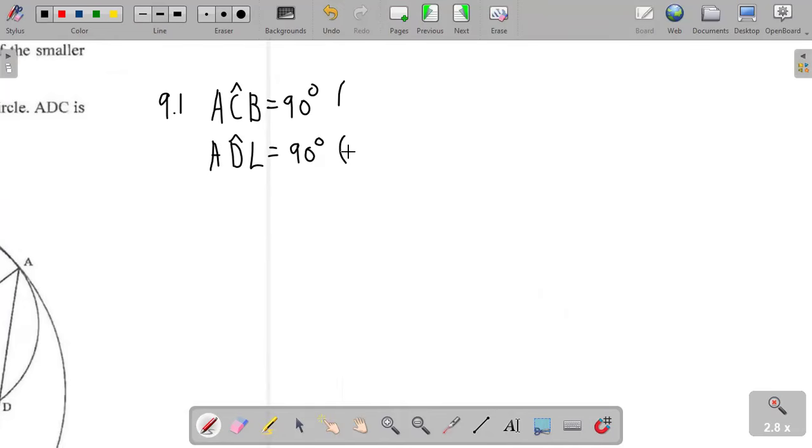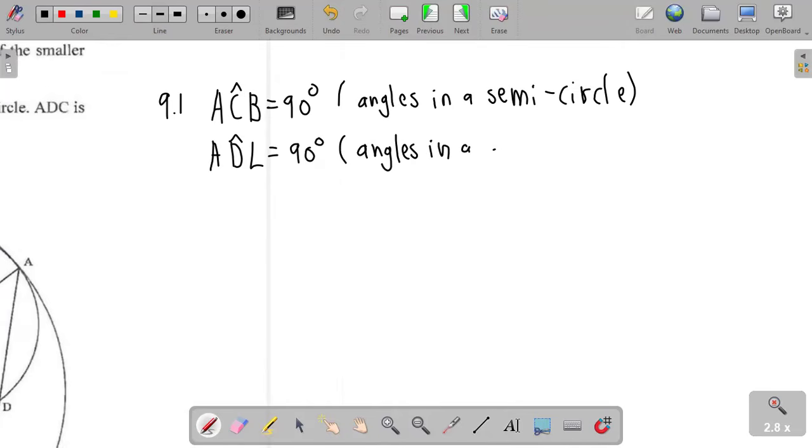The reason: these are angles in a semicircle.